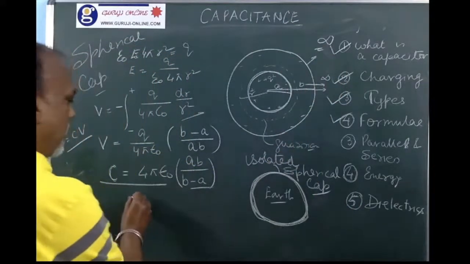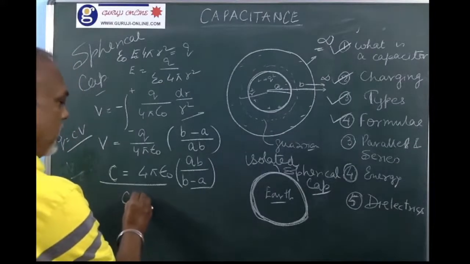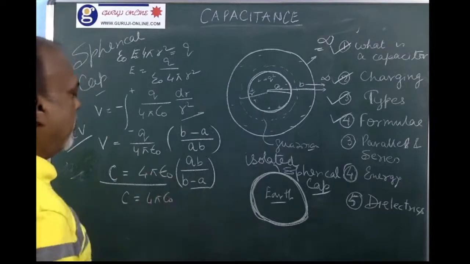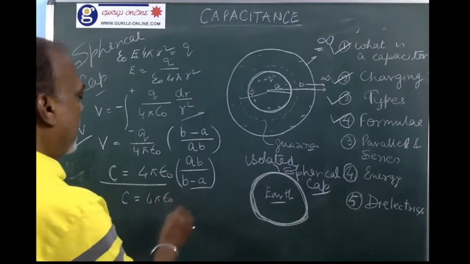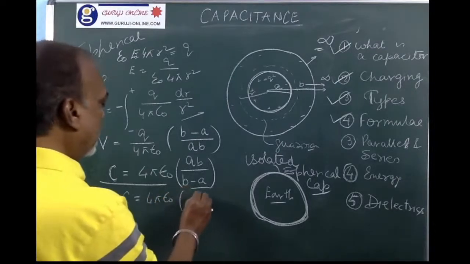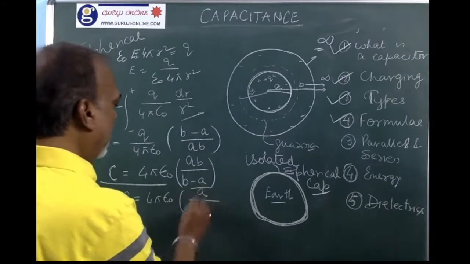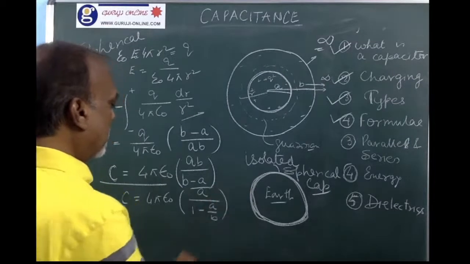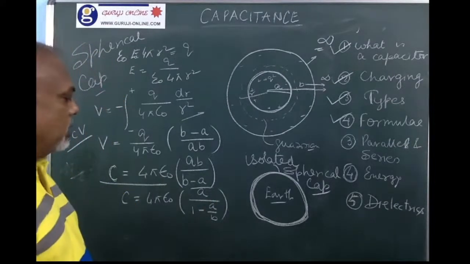So in this formula, C is 4 pi epsilon 0, suppose if you write it as A 1 minus A upon B, correct? We can write it as this thing.